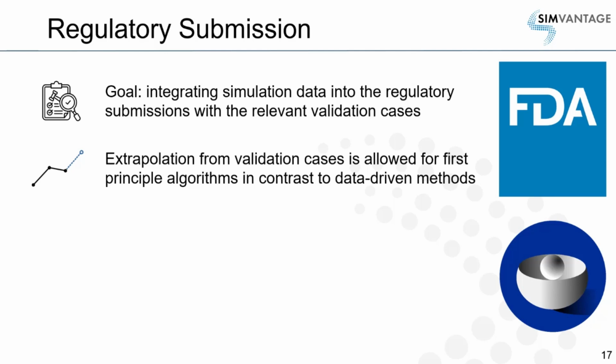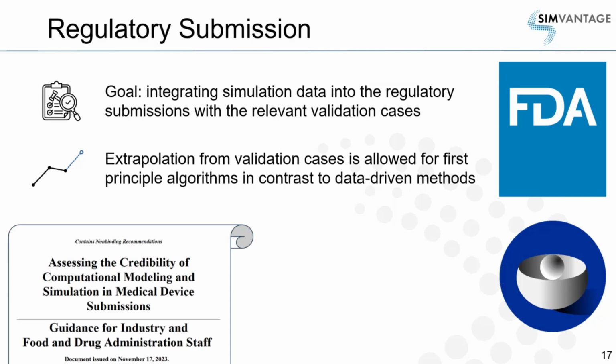And the advantage now with our software is that we have first principle algorithms in this software, and therefore we are allowed to do the validation cases at a certain point, let's say 100 RPM, and do the real case at 150 RPM. Because the physics doesn't change between 100 and 150 RPM, you can say that your validation case is also valid for your application case. This would not be possible if you use data-driven methods.